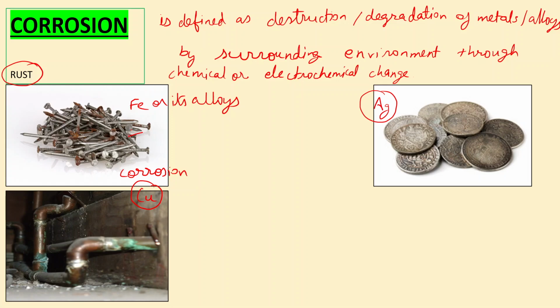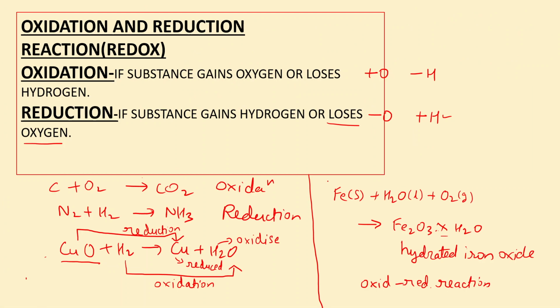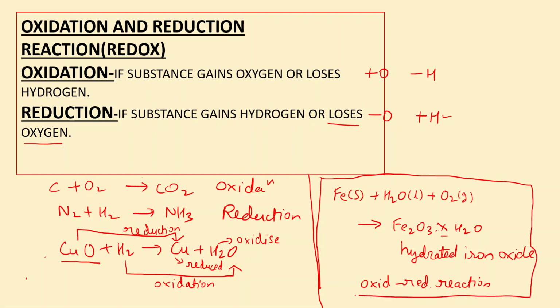Now see here, this is iron. Whenever you buy it from the market, it shines a lot. These are shining nails. But can you see there are some brown coatings on some of the nails? So what is this? This is nothing but the rust. We already studied this reaction. This is the reaction for rusting of iron.